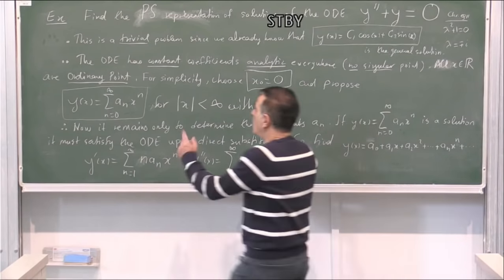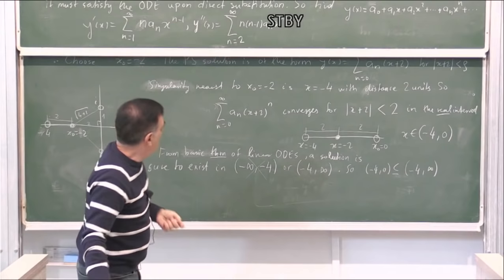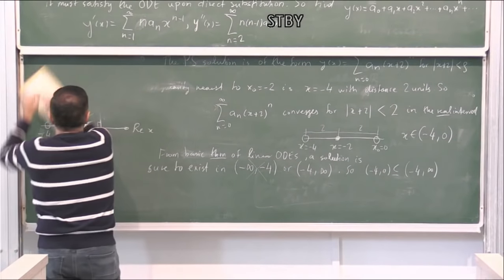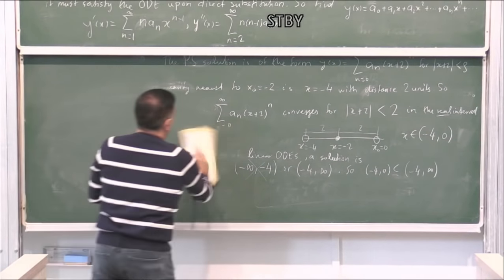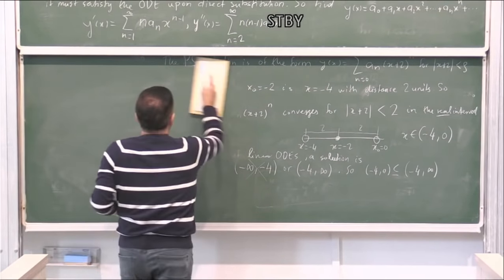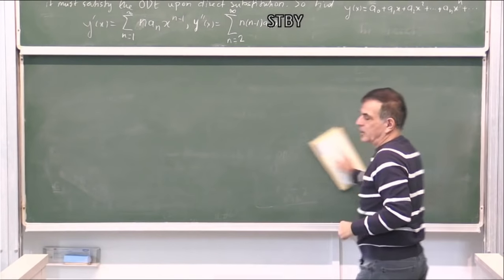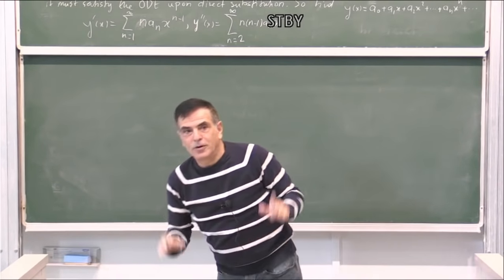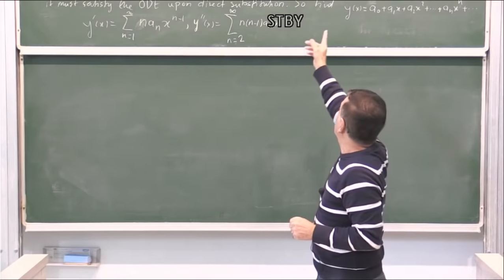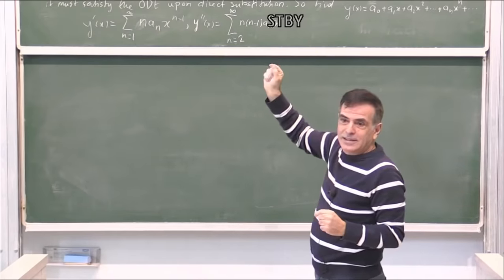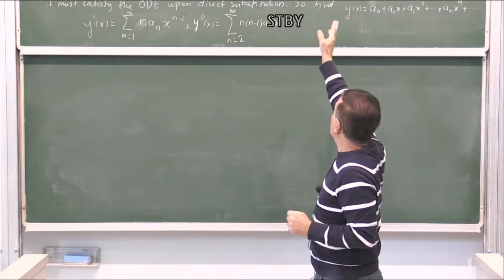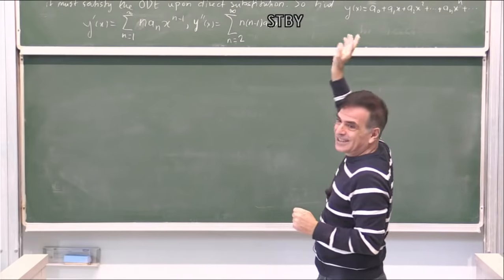Now, let us substitute into the equation. What if the proposed power series is indeed a solution? It must satisfy the differential equation. Recall again that we don't know y of x. For a moment, forget about cosine x and sine x.